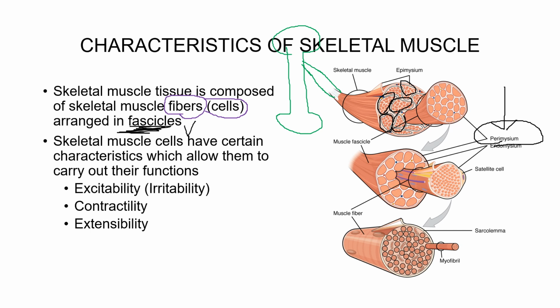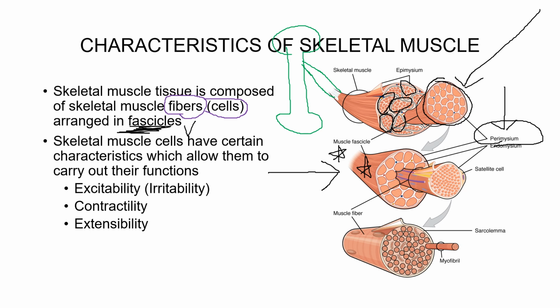And then, if you actually look inside of the fascicles, so for example, where I'm drawing the arrow right here, this is one big fascicle that we're kind of drawing out a little bit. We're zooming in on this second picture where I just drew the arrow. So this right here is not a muscle. This is just one fascicle.